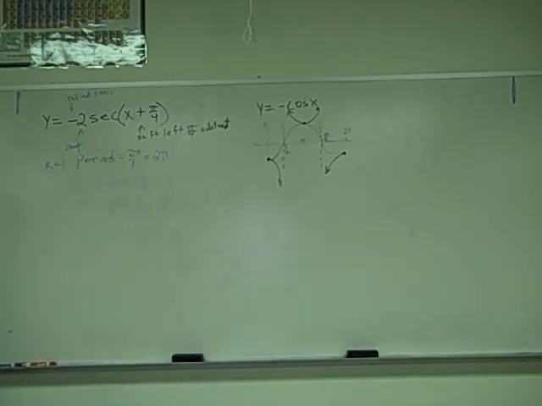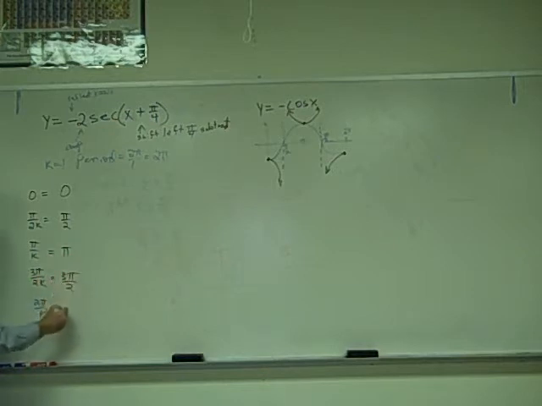Okay? Alright, so here's 0. So we know our k is 1. Here's 0. Pi over 2k, pi over k, 3 pi over 2k, and 2 pi over k. And we know that k is 1, so none of these change, right? Pi over 2 and 2 pi.